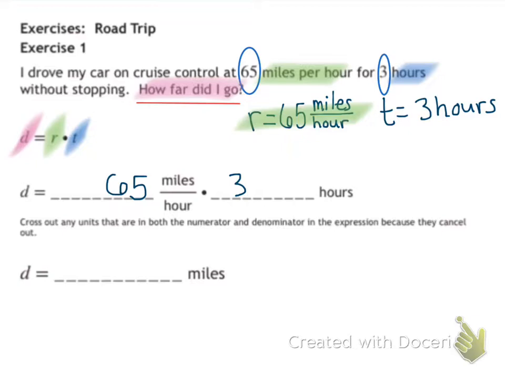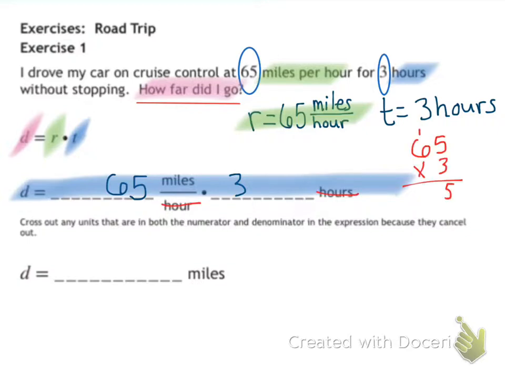And I'm just filling it in right here, the information that I already have. So if I do 65 times 3, I get 195. So the distance that I traveled was 195 miles.